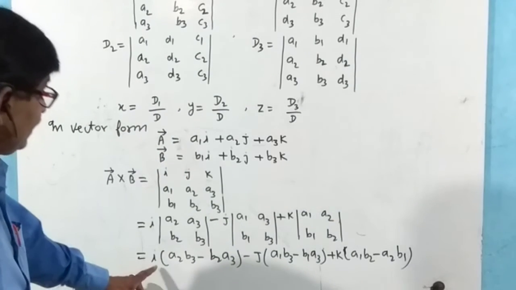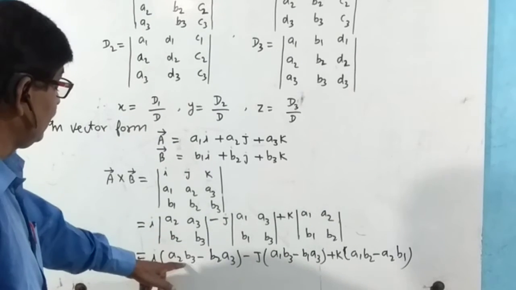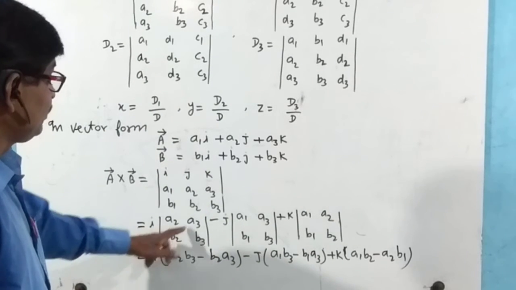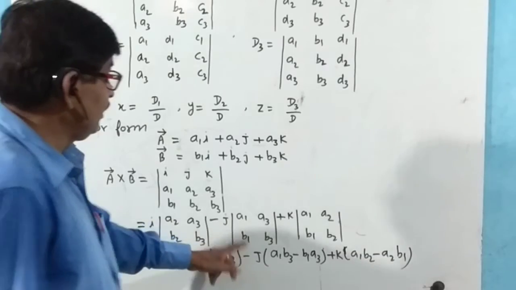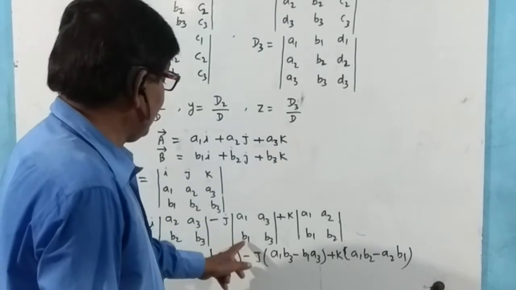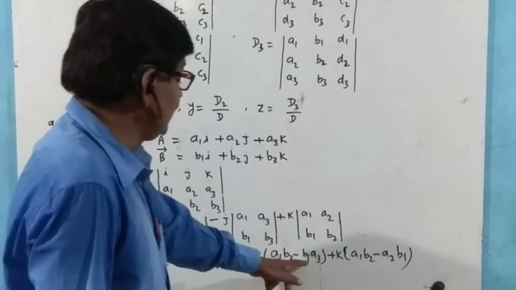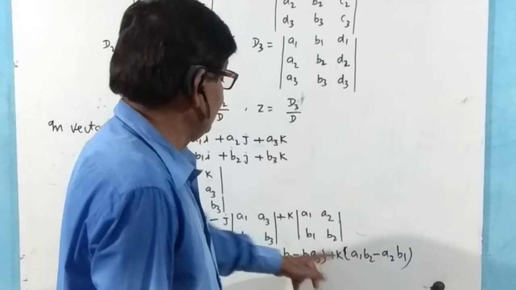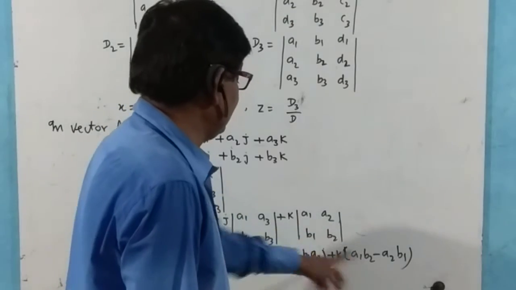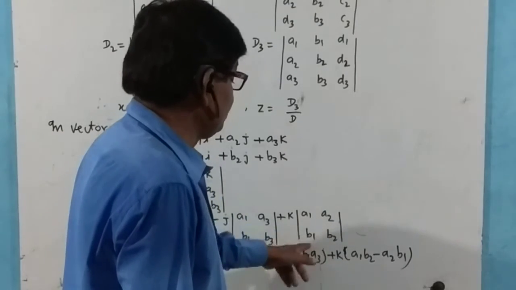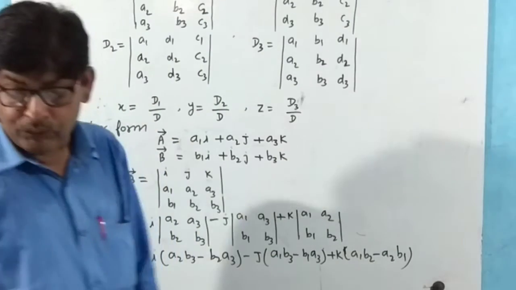Cross multiplication: I times (A2 B3 minus B2 A3), minus J times (A1 B3 minus B1 A3), plus K times (A1 B2 minus A2 B1).